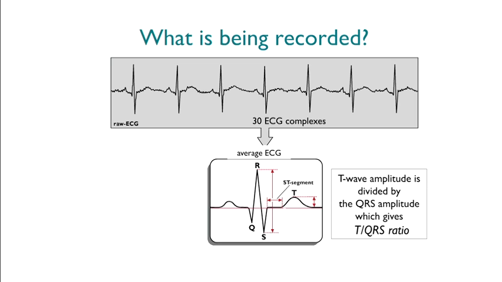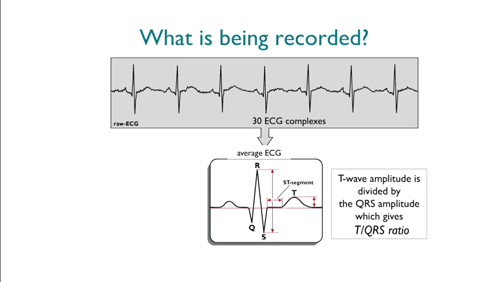So as you can see, what the machine is doing is comparing the height of the T wave here to the height of the QRS complex. And that's what we call the T-QRS ratio.